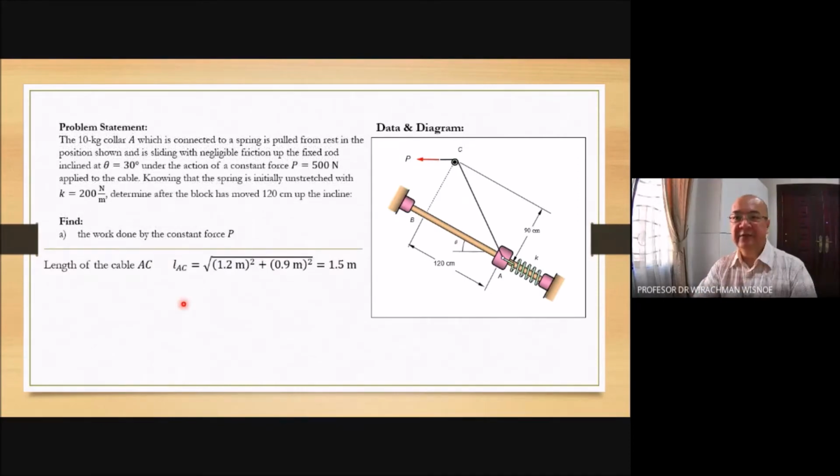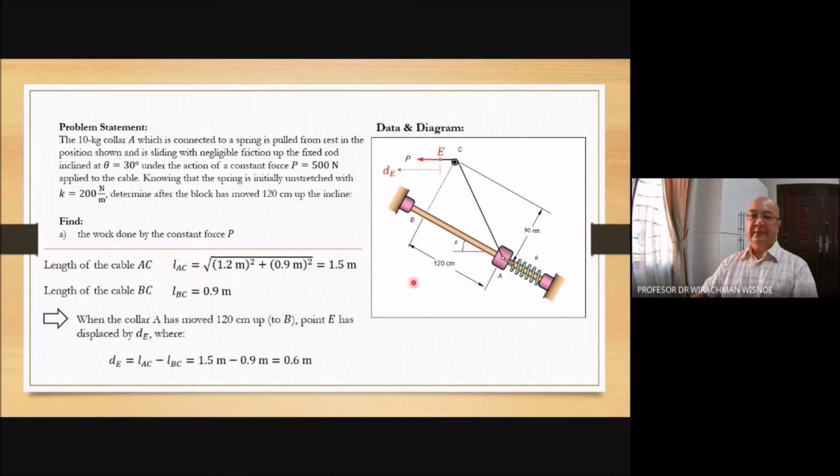The length of cable AC is 1.5 meter. The length of cable BC is 90 centimeter. The difference between L_AC and L_BC will represent the displacement of this part, point E. That is 0.6 meter.